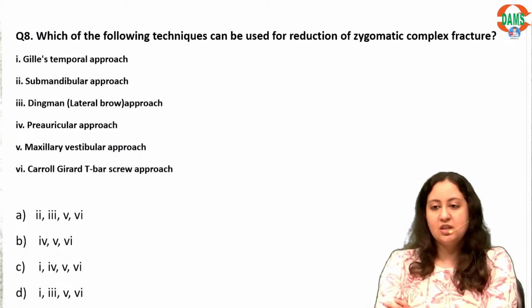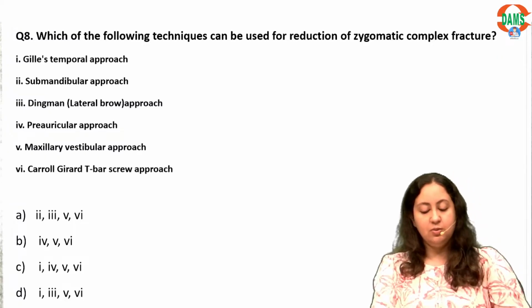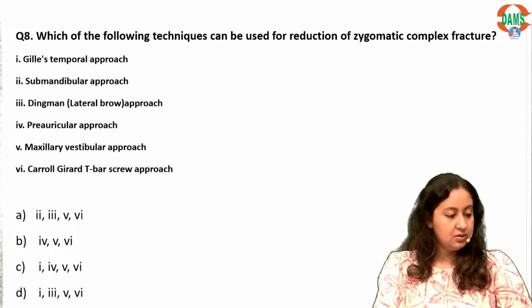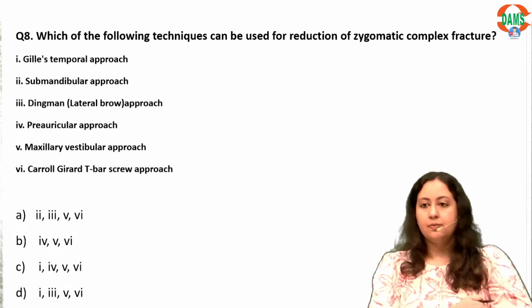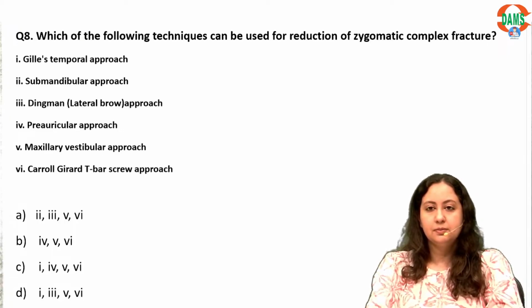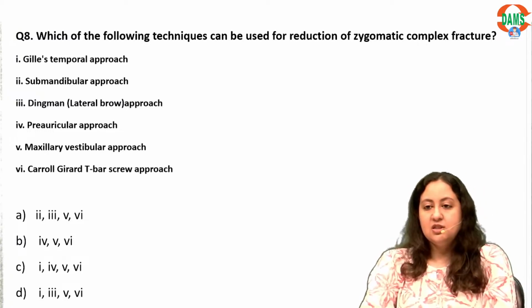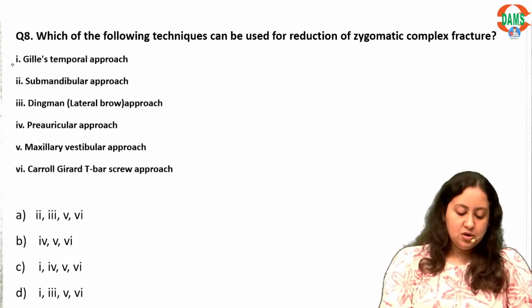Okay, shall we see this question one by one? Which of the following techniques can be used for reduction of zygomatic complex fractures? So first option says Gillies temporal approach.